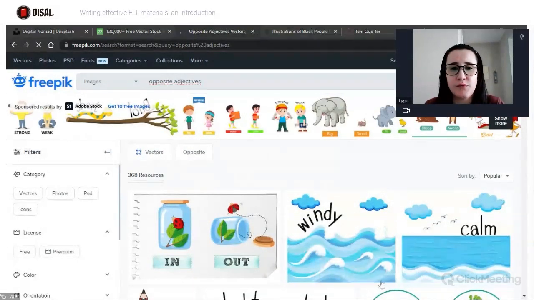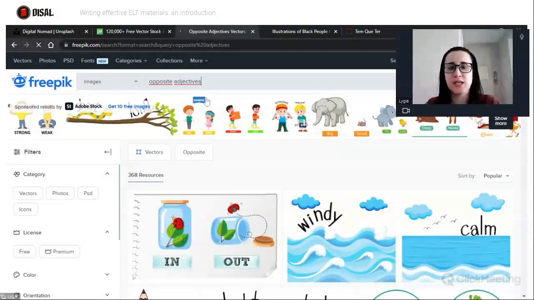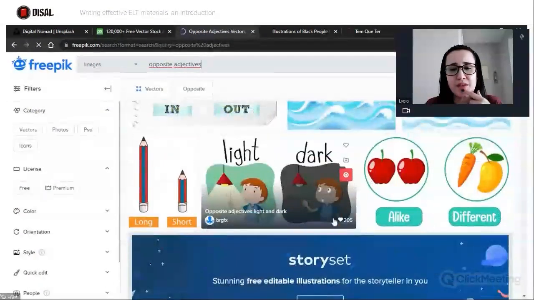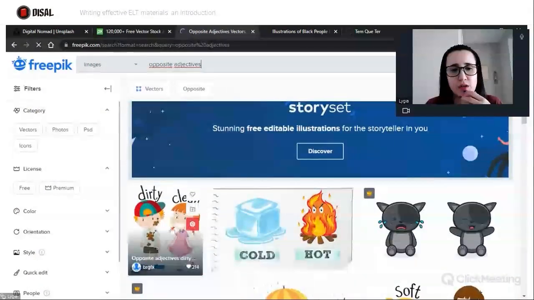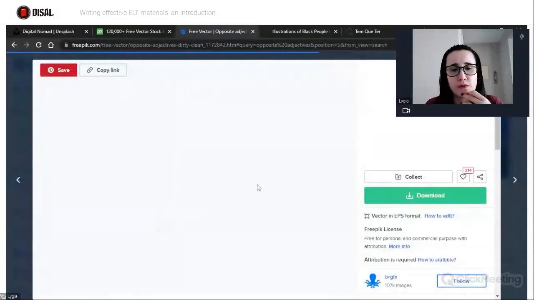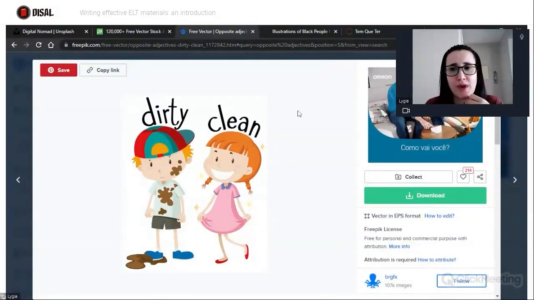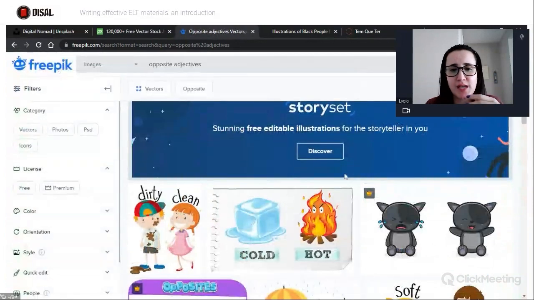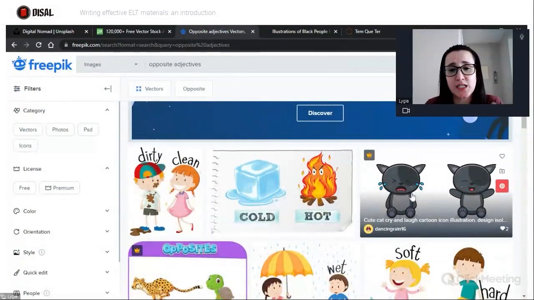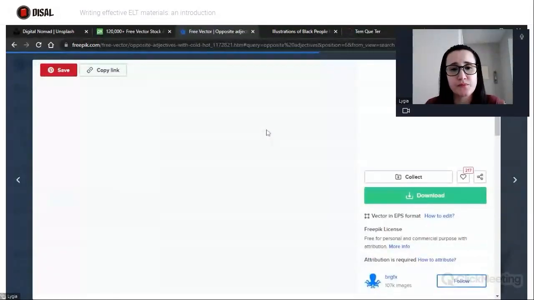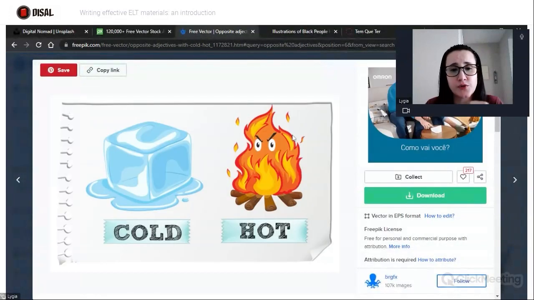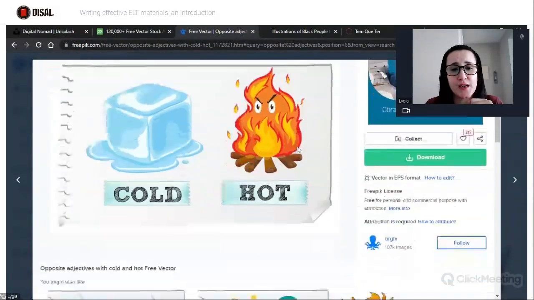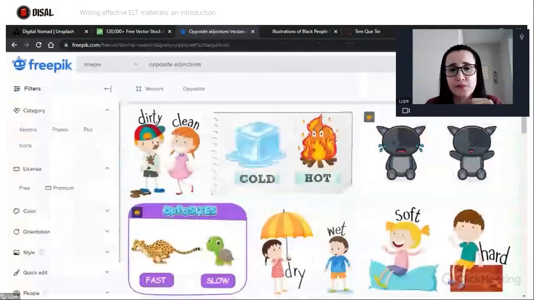So if you type in opposite adjectives, for instance, or the adjectives or the concepts you have in mind, you can find these vectors here, which show the two adjectives or the concepts that you want to present to your learners. And once again, this is also a free website.